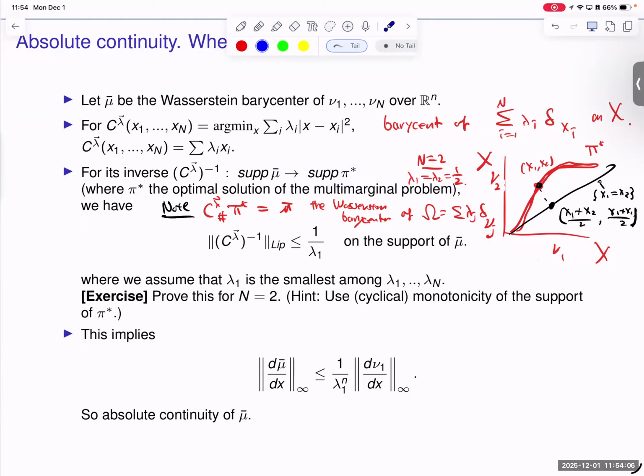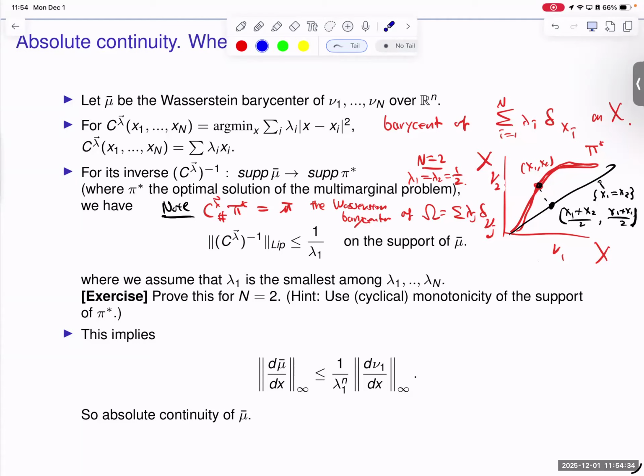I guess in the case of Rn, if we look at the C lambda, this is definitely not a bijection from Rn to R. But I guess we're defining the inverse because there is a unique point on the support.